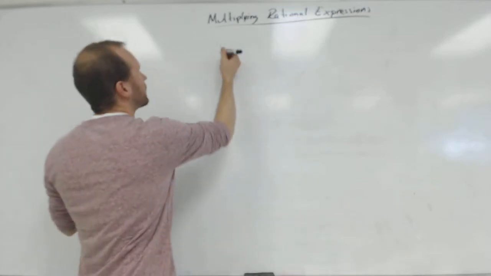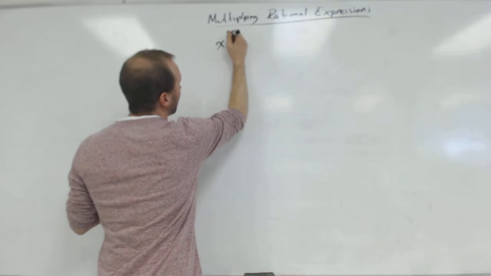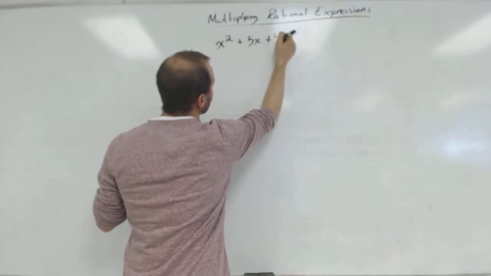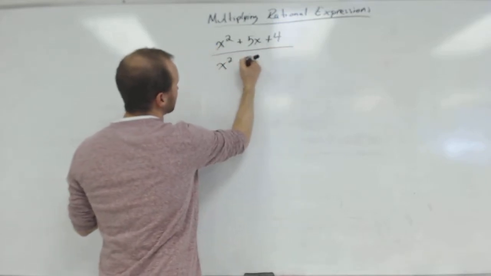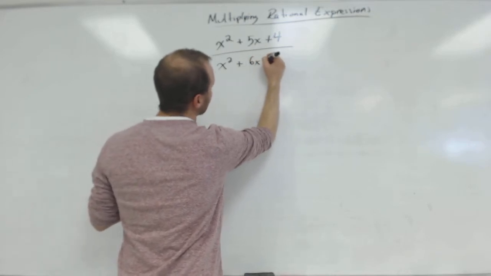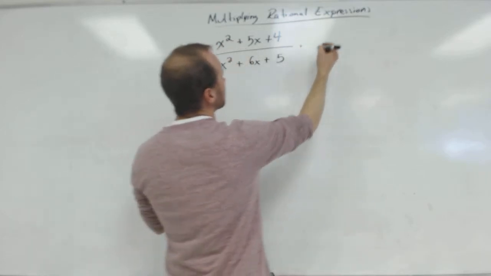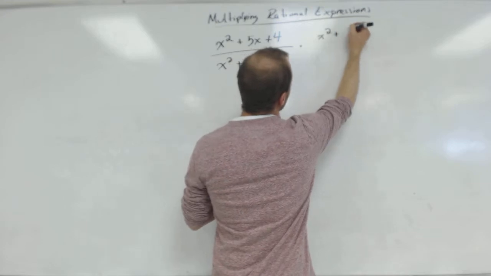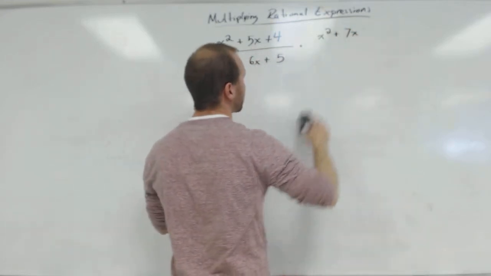Alright, let's say we had this: x squared plus 5x plus 4 over x squared plus 6x plus 5, times... oops, sorry.